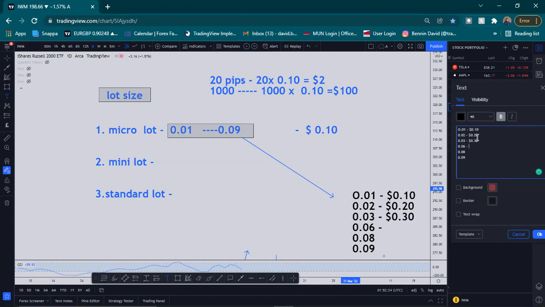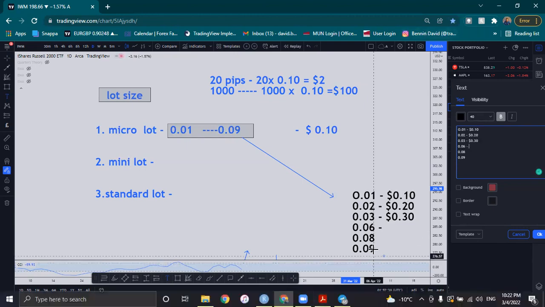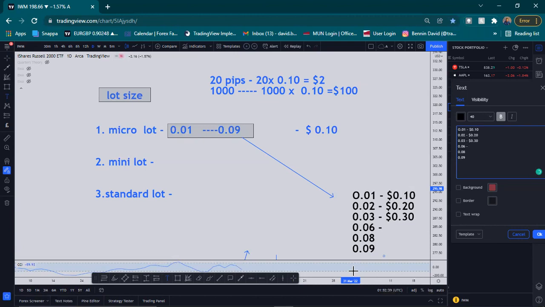We're using 0.06, you make $0.6, the same as 60 cents.